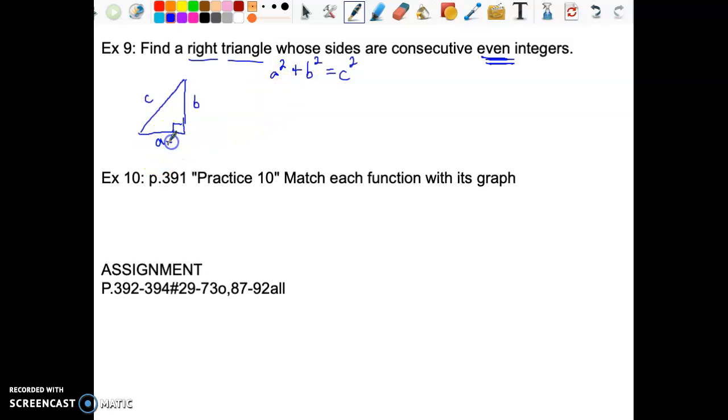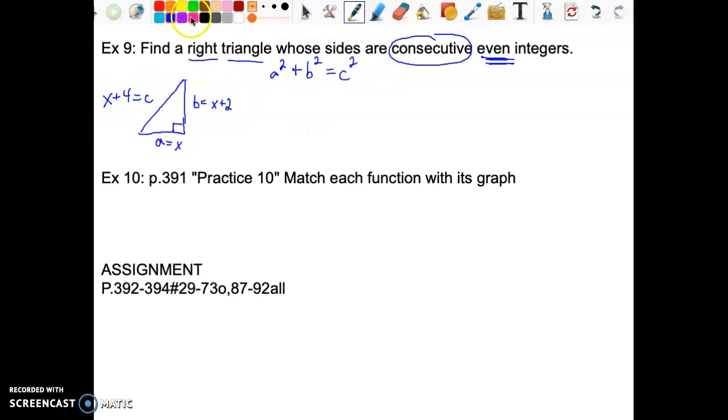So let's say we are just going to call one side x. Well, the consecutive even integer has to be 2 more than that. If you're confused, think about how even numbers are 2, 4, 6, 8, 10. What's separating each number is adding 2 to it, which means that the hypotenuse has to be the largest side, so it has to be x plus 4.